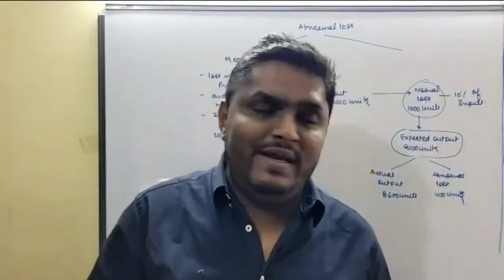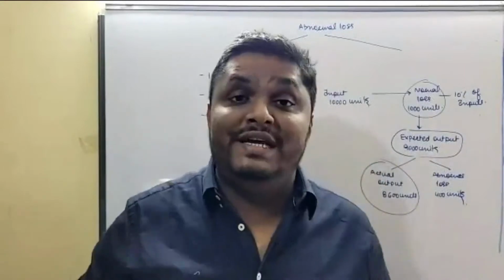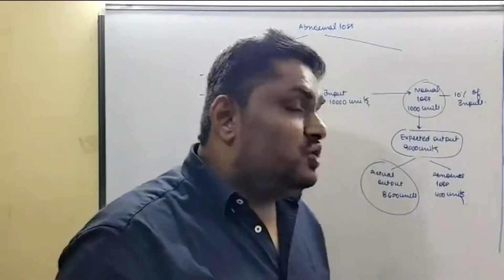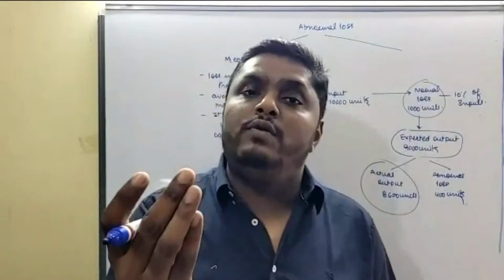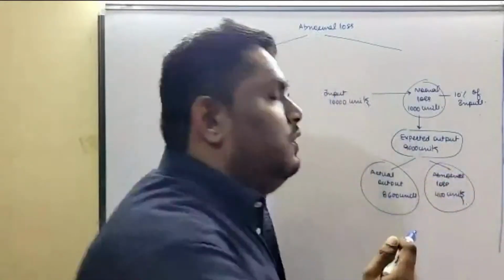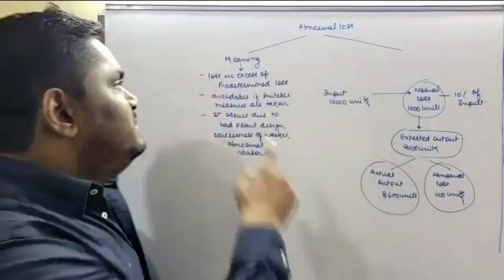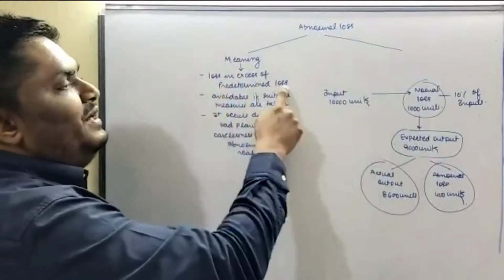However, when the actual figures were out, my actual output was only 8,600 units. That is less than 9,000 units. So there is a loss of these 400 units over and above normal loss. So these 400 units are what we call my abnormal loss. So abnormal loss is the loss in excess of predetermined loss.